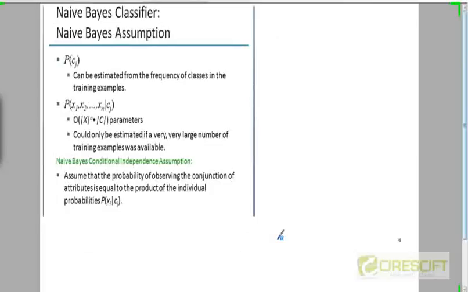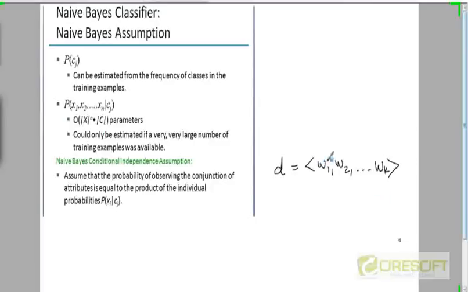Now, what happens when a new document comes in? So when a new document comes in, let's say that the new document has words W1 to WK in it.